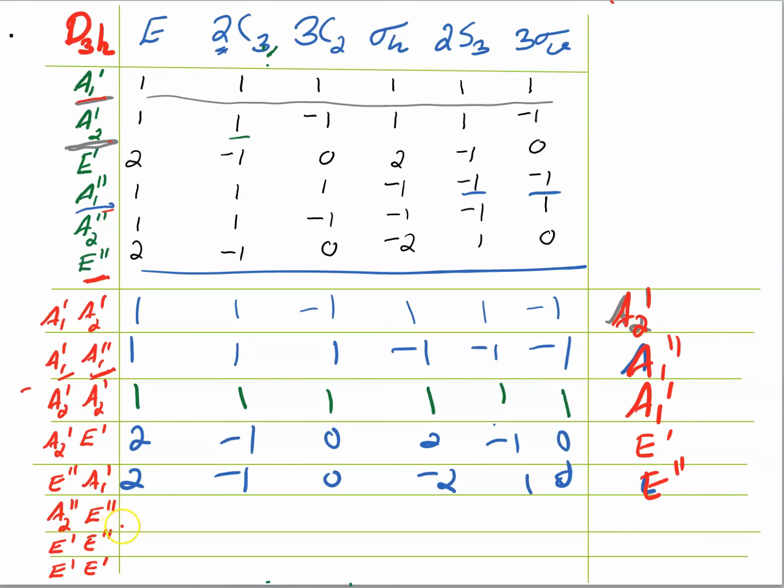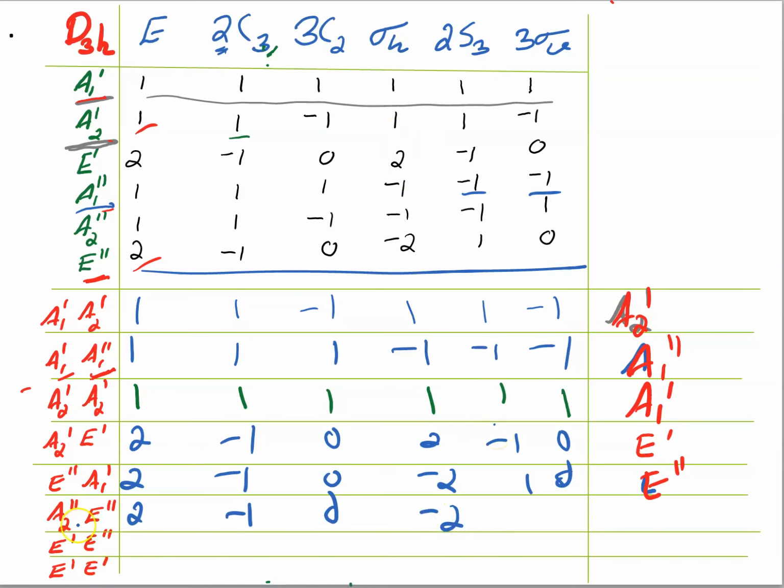Next, A2 dash with the E double dash. A2 dash where? A2 dash is 1. E double dash here. So 1 into 2, we get 2. Next, 1 into minus 1, minus 1. Minus 1 into 0, 0. 1 into minus 2, minus 2.